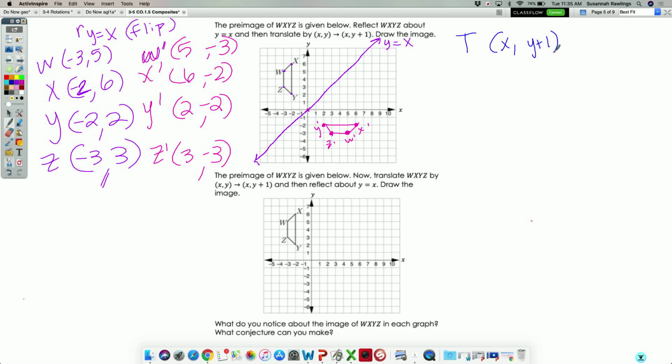Up 1. So let's go ahead. We don't even need to draw the coordinates there. We're just going to move all of our points up 1. They are going to overlap a little bit. And we need to be using what's called double prime now because this is my second transformation. So all these should be double primes.